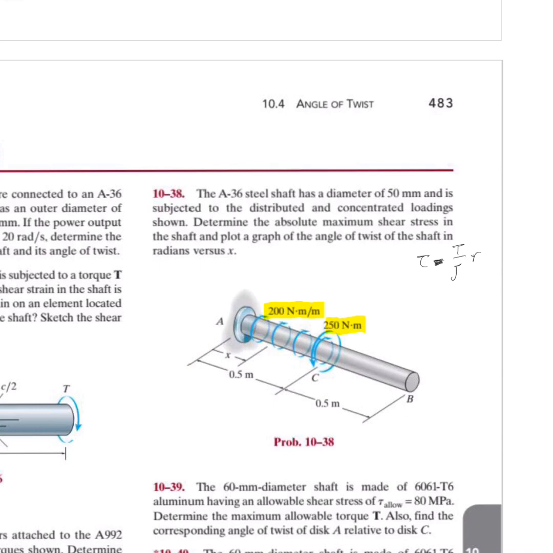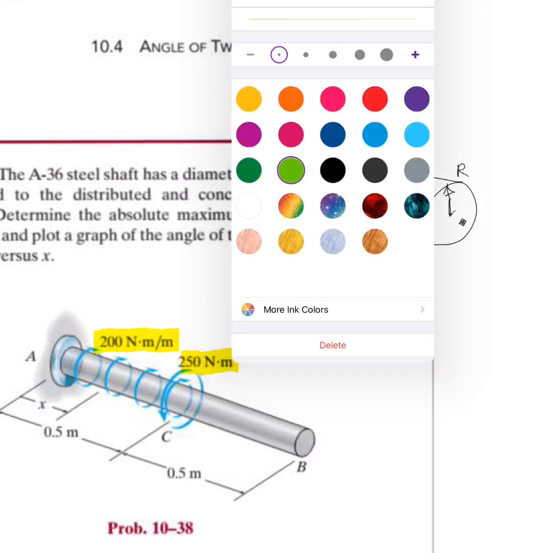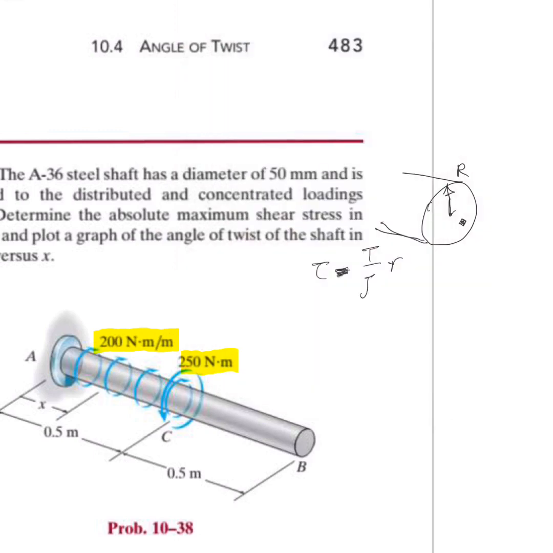times R for a part of the beam or shaft that has a radius of R. So at any location, let's zoom on it a little bit. Let's say this element is right here, and it is located at a distance R from the center.